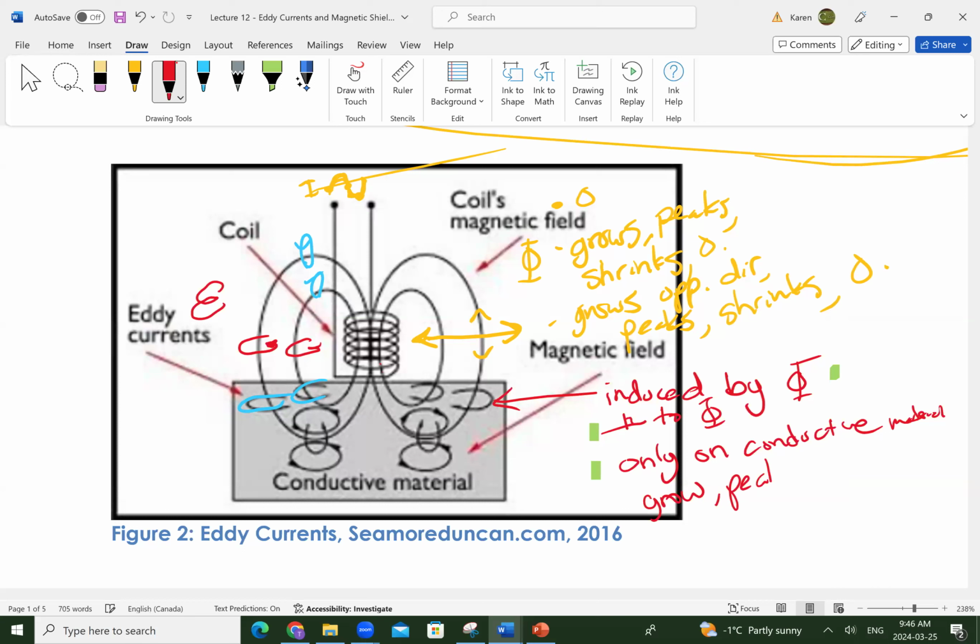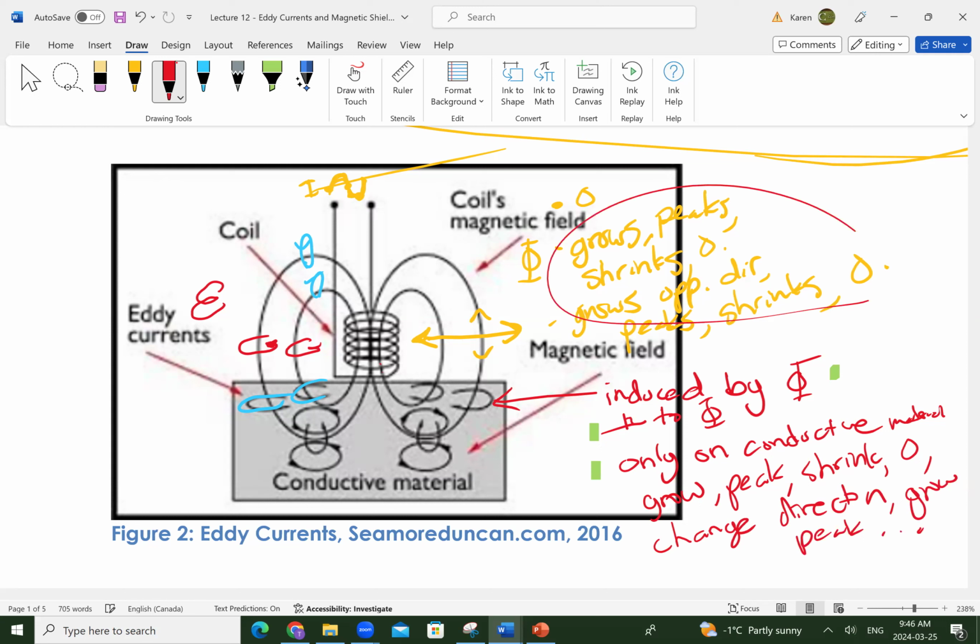peak, shrink, change direction. They grow, peak, shrink, hit zero, change direction, grow, peak, etc., just like up here. And they do so perpendicular to the flux.